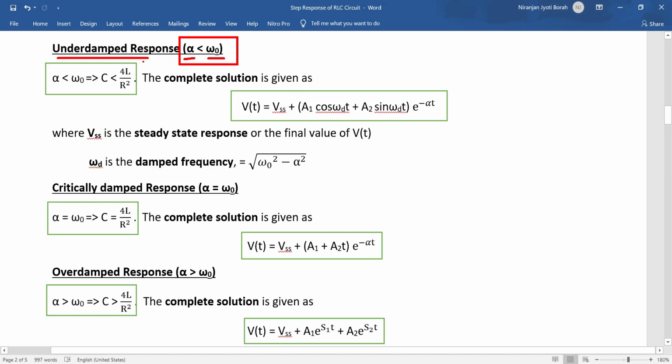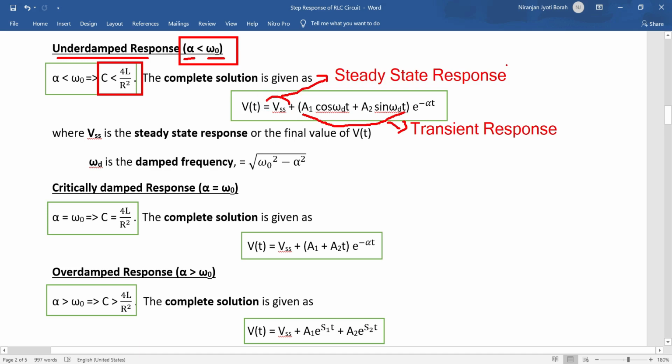In terms of the circuit's components, it can be expressed as C less than 4L by R square. In this case, the complete solution is given by the sum of transient response and steady state response, where WD is the damped frequency of oscillation.